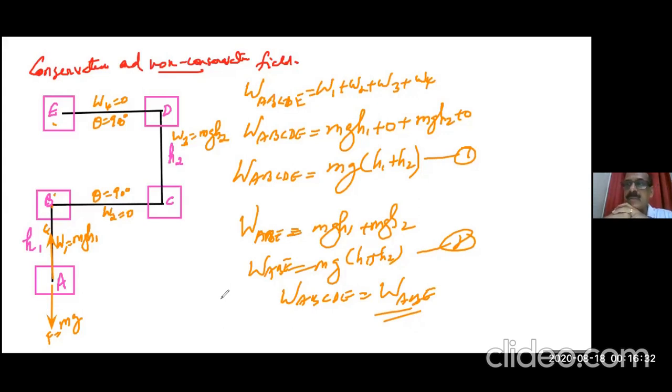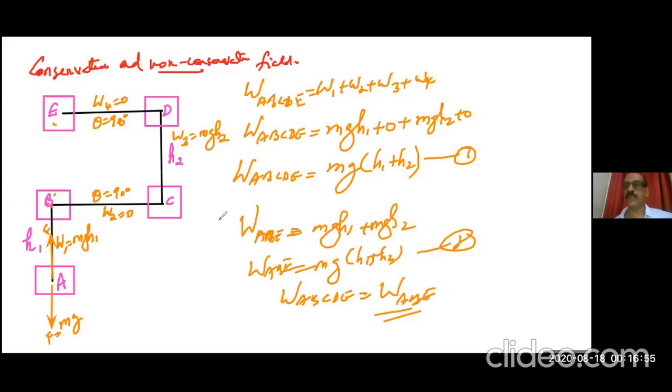Independent. It's not depending on the path. Example of field: magnetic field, gravitational field, electrostatic field, even spring, field of spring. And force: electrostatic force, gravitational force, or spring force. Anything you can say.